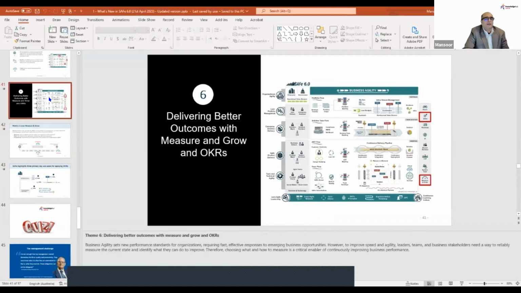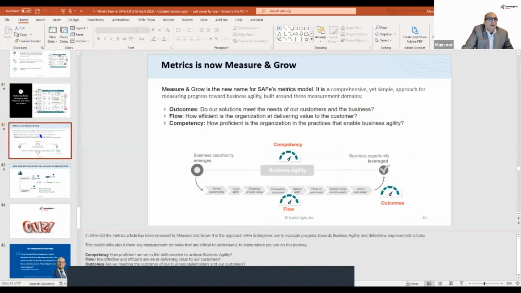Sure, definitely. When we talk about OKR, it's about objectives and key results. We look at the OKRs as how we measure and grow, and we look at what the measurement categories are. OKRs will help you identify how you measure.